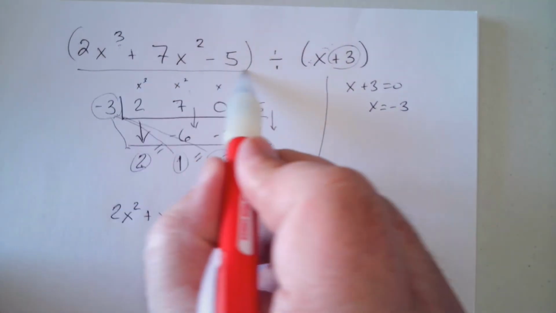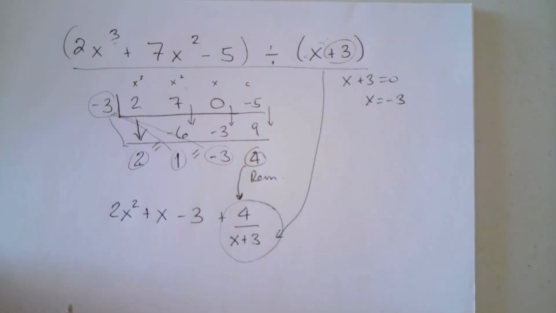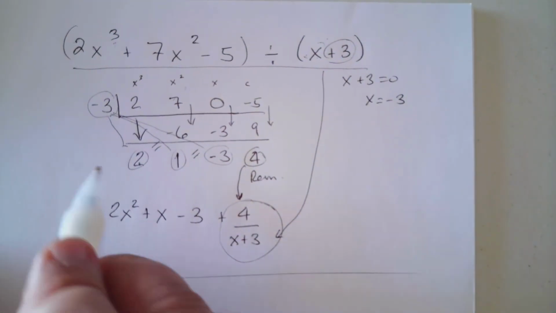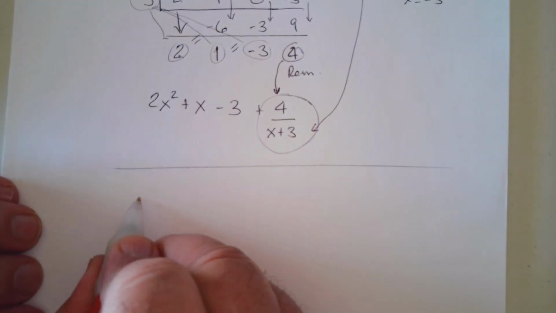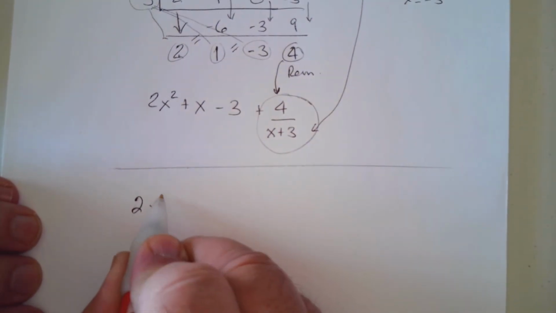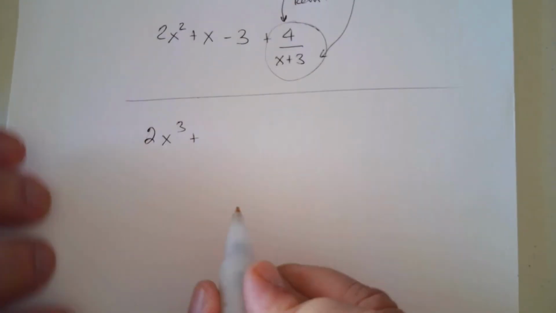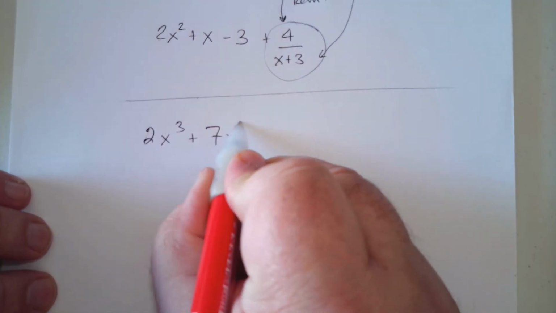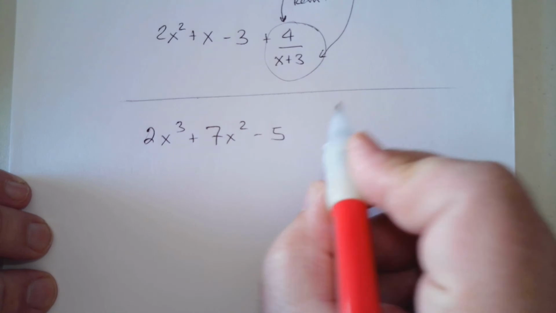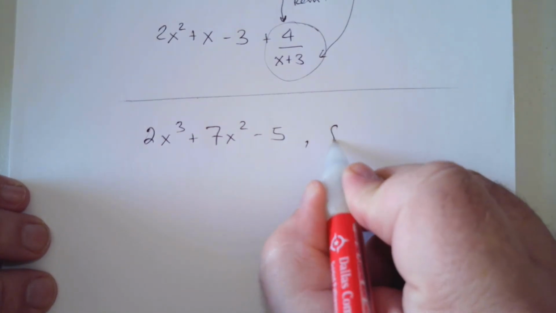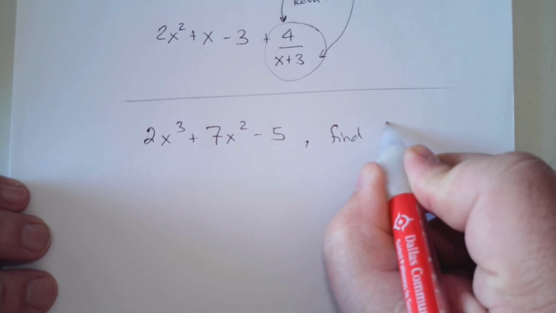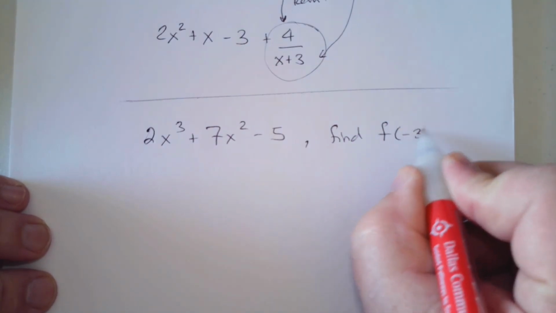Okay, this equation, I could have also given it to you this way. 2x cubed plus 7x squared minus 5 divided by that. I can ask you, find f of negative 3.